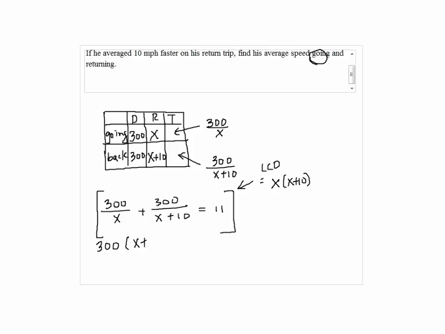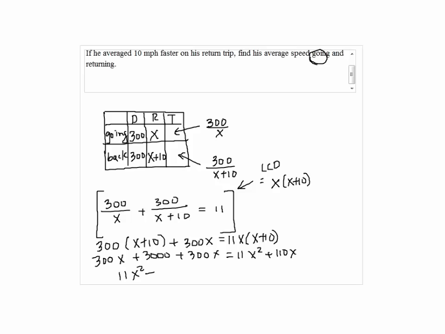So we have 300 times x plus 10 plus 300x equals 11x times x plus 10. So we have 300x plus 3000 plus 300x equals 11x squared plus 110x. By simplifying, we have 11x squared minus 490x minus 3000 equals 0.